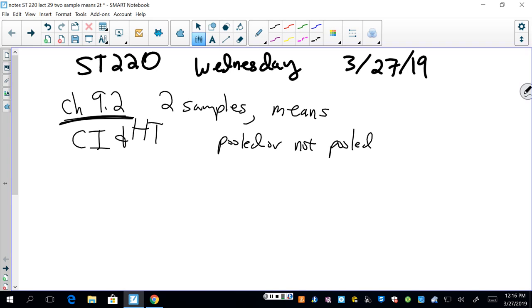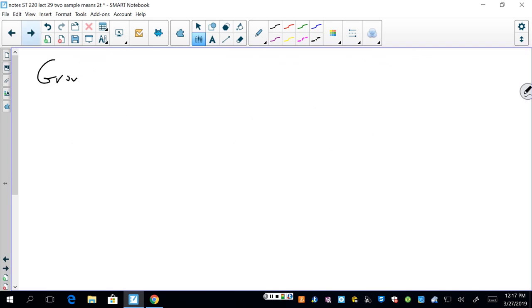The idea here is that we have two independent samples, two groups, treatment and control. They're not matched individuals. It's two aggregates, or two groups that exist in society, and we're comparing them. In group one, we have a sample size n1, a bunch of measurements, and we'll take the average and the standard deviation.